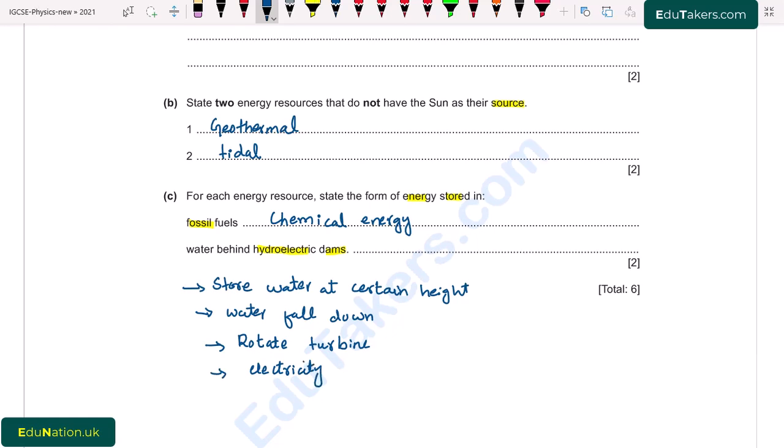So, at a certain height, the energy is stored in the form of potential energy. So, in the hydroelectric dam, energy is stored in the form of gravitational potential energy.